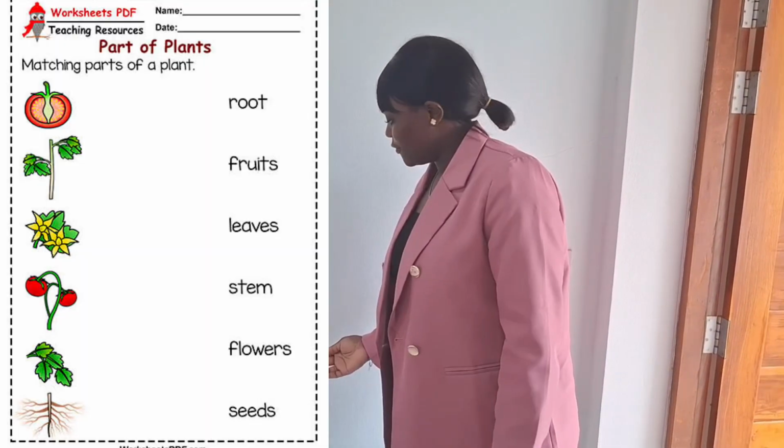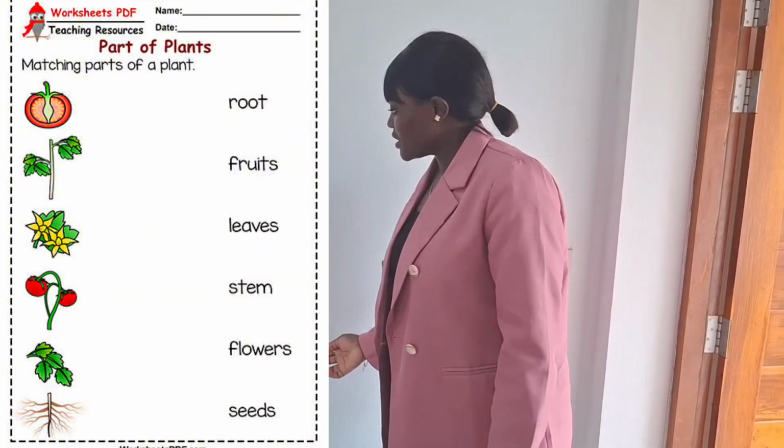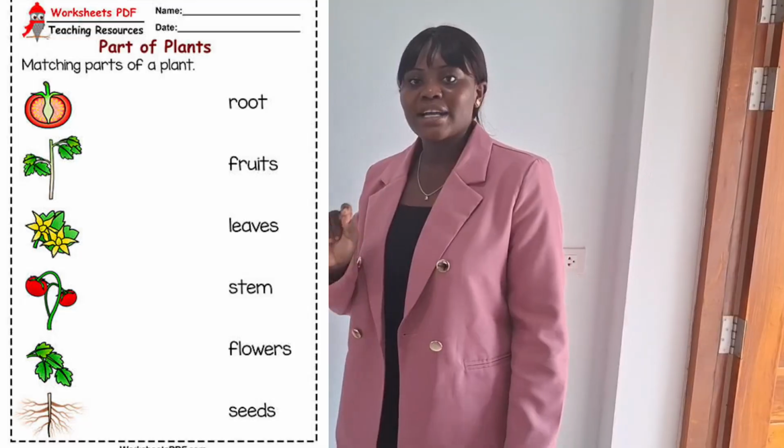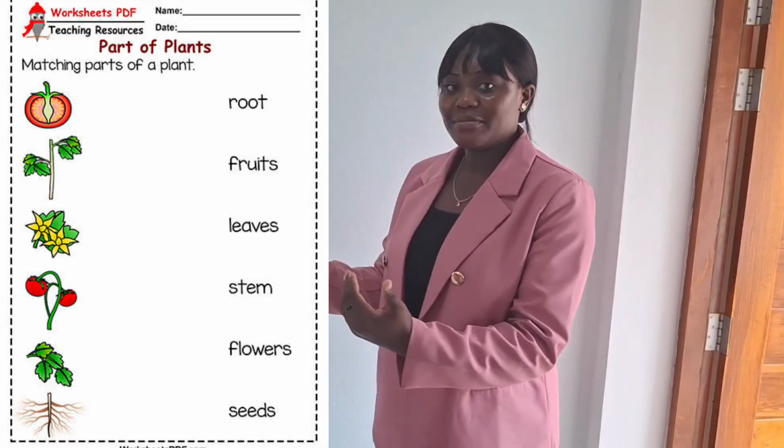Now, I'm going to give you a short exercise. Let's see if you can remember what part of a plant it is. Roots, fruit, leaf, stem, flower. Please, can you match the parts with the words or the names?